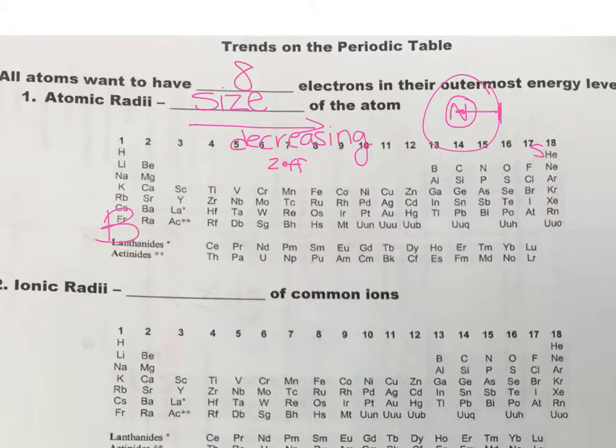Because of Zeff. What Zeff is, we're going to go into more detail tomorrow, but it's the effective nuclear charge, meaning your nucleus gets more charged. Going down the periodic table, we are getting bigger, so we are increasing. And that's because of what? Shielding, yeah, the shielding effect.